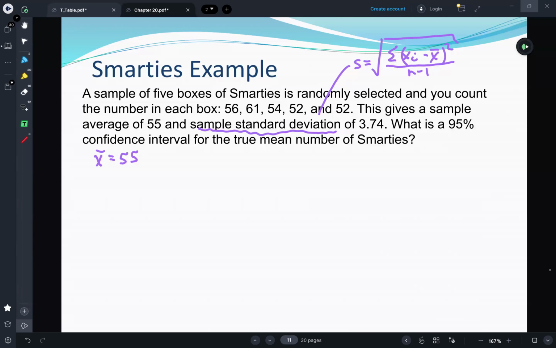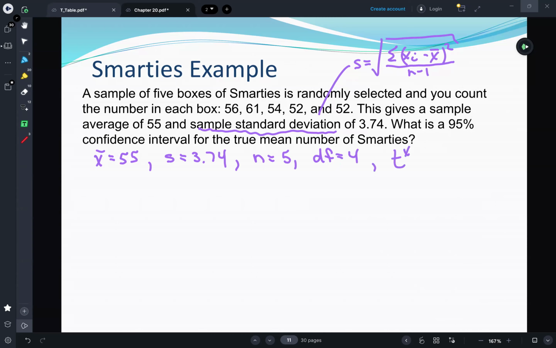So our degrees of freedom, so our S is equal to 3.74. You can check that. Our N is equal to 5, and our degrees of freedom is equal to 4.